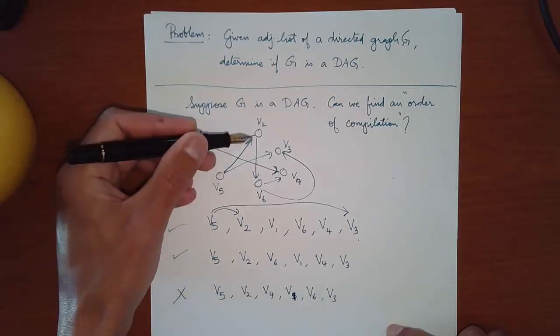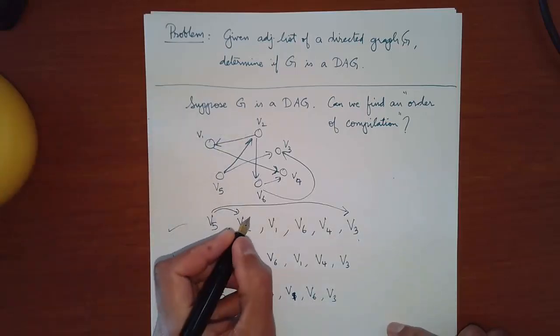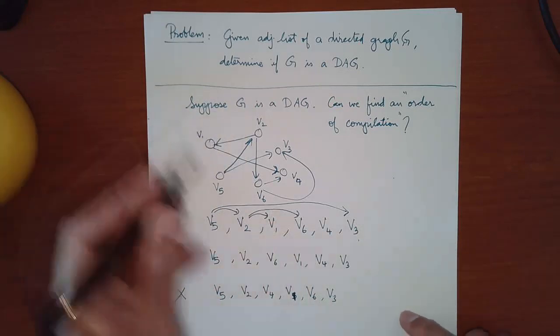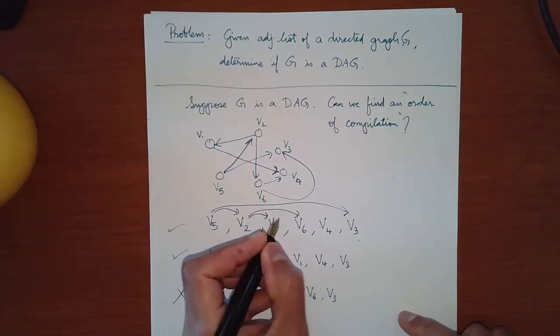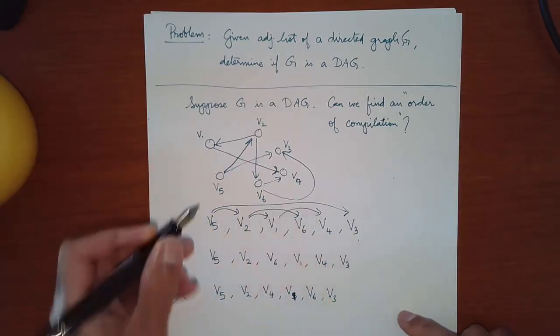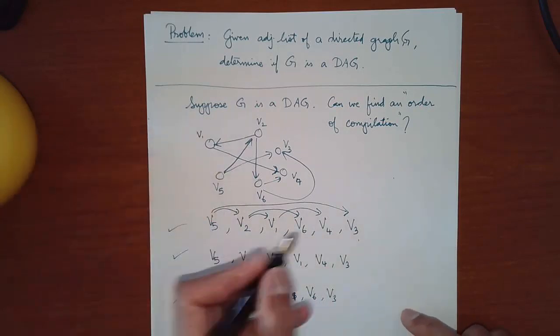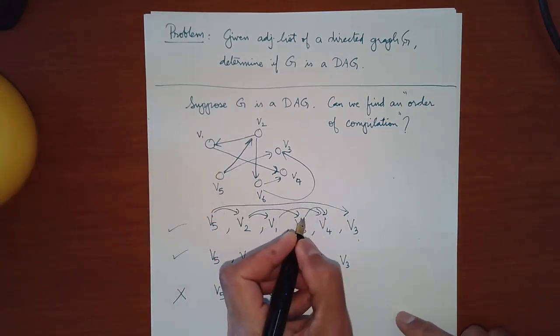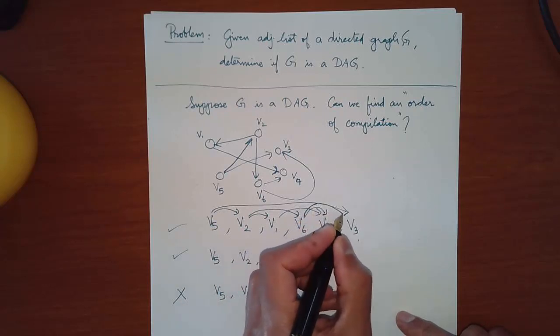V2 to V1, V2 to V6. V1 goes to V4. V6 goes to V4, and V6 also goes to V3.